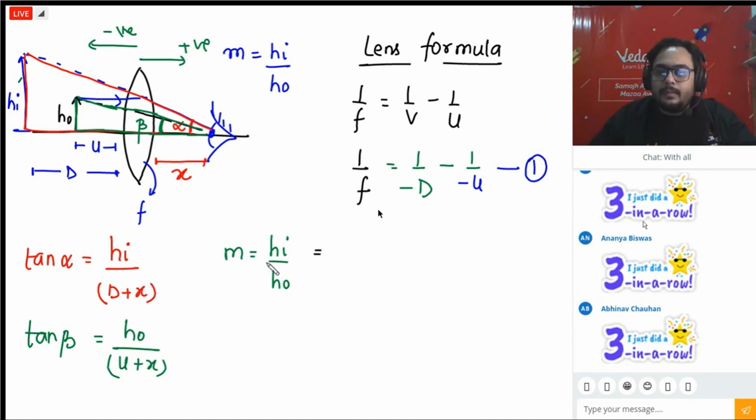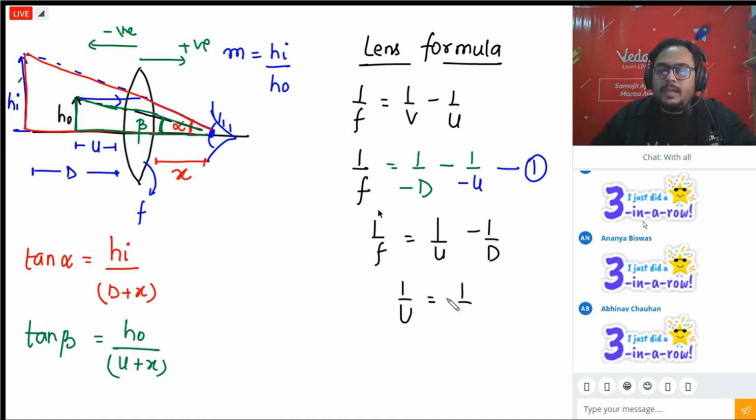Here tan alpha and tan beta are given to me. From this formula, 1 by f is 1 by u minus 1 by d. It means I can say 1 by u is 1 by f plus 1 by d.